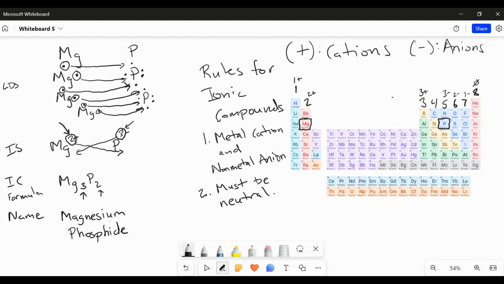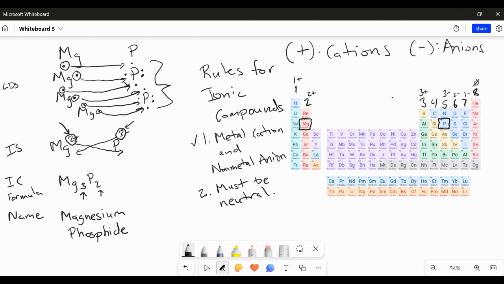Okay. So let's check this. Metal cation and nonmetal anion, definitely. Must be neutral. So we showed earlier in this top section that the number of electrons lost by magnesium is the same number that was gained by phosphorus.